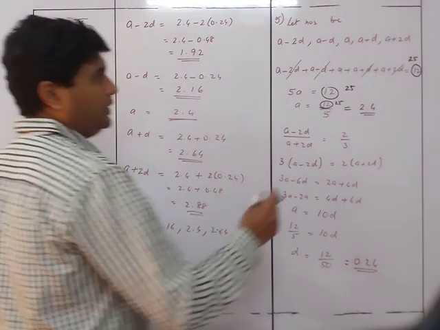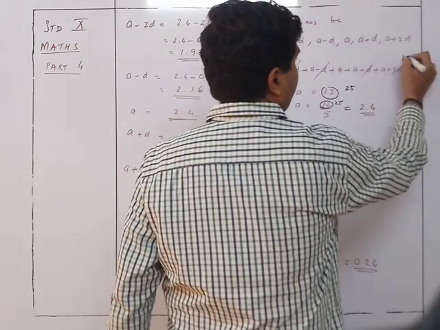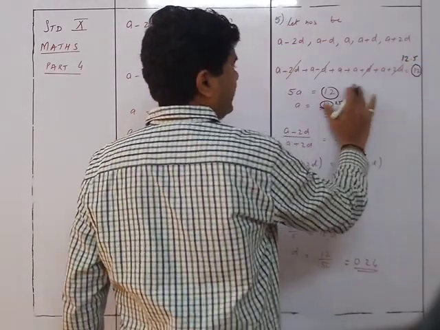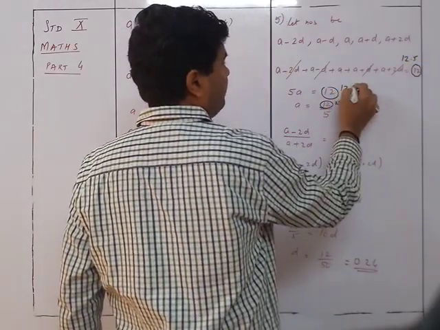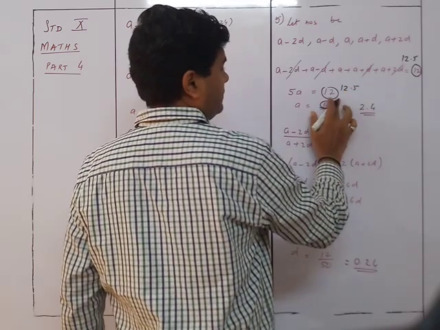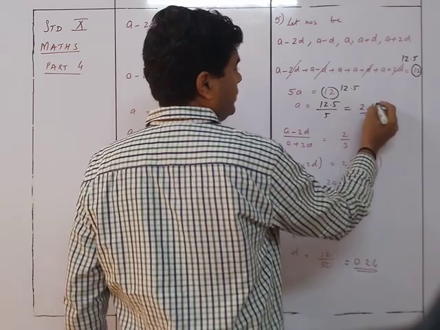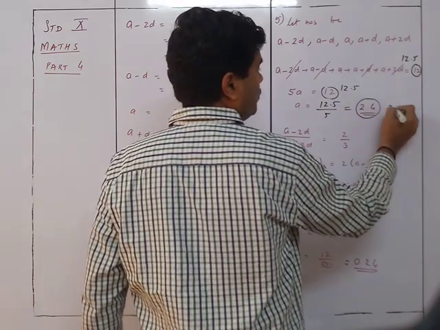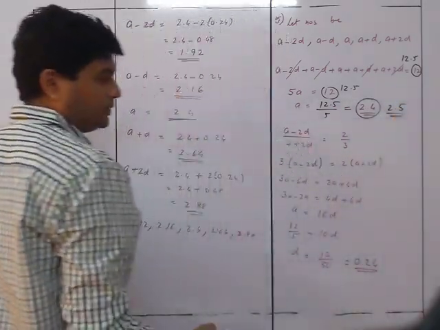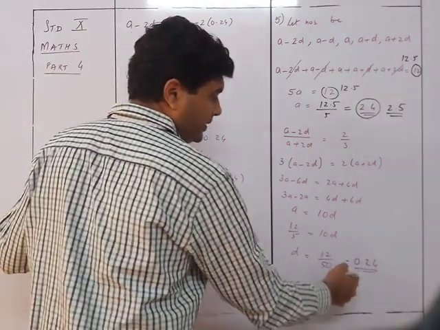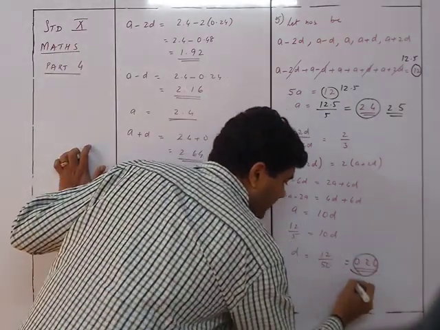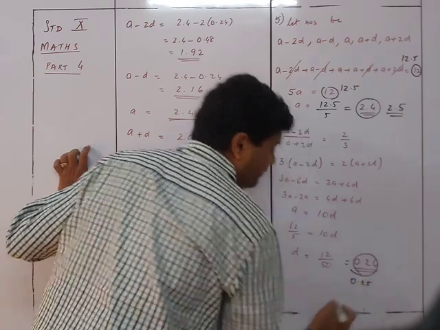So yeah, it should be 12.5. So then it will be 12.5 upon 5, that will be 2.5. Okay, and then over here also it will be 0.25.